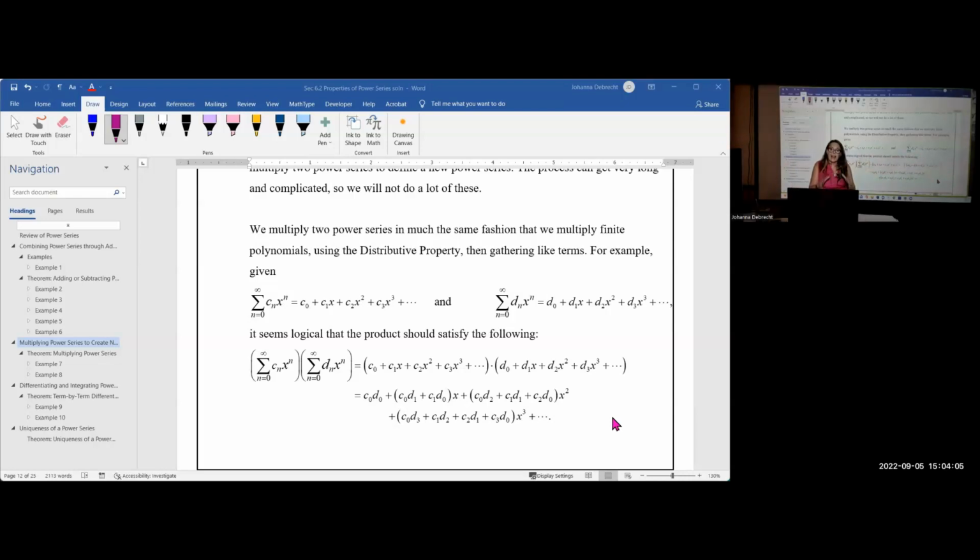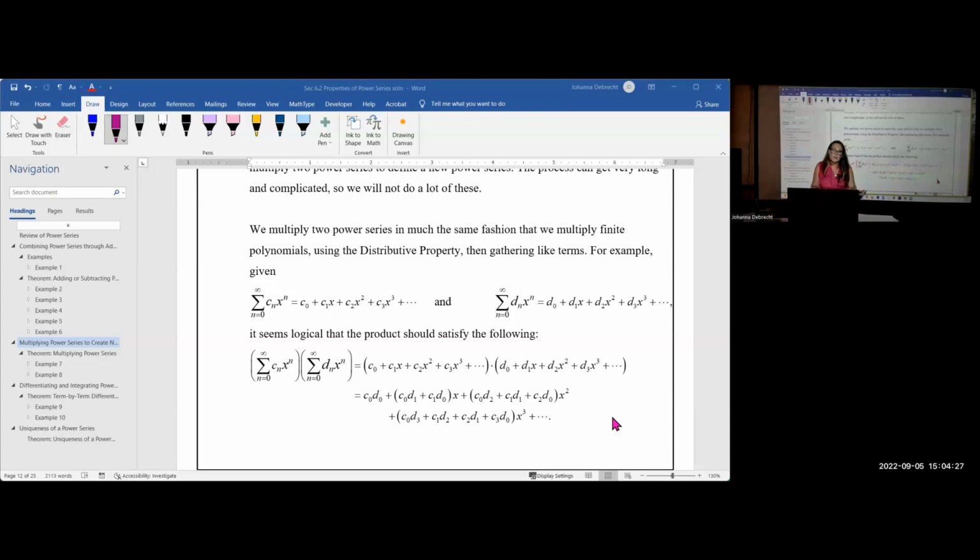That would also give me an x squared. So I could have c1 times d1. Now there's one more way that I could do this. I could take the constant from the second infinite polynomial and multiply it by the squared term from the first. So that would be c2 times d sub 0, which would give me this one.